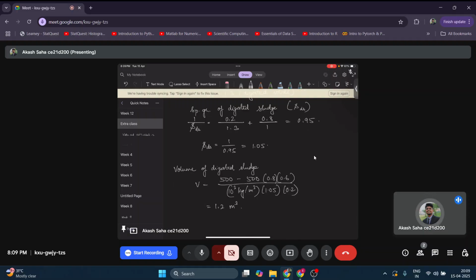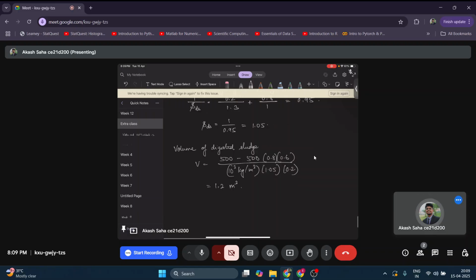So earlier was 9.9 meter cube and after digestion it has become 1.2 meter cube. So my volume reduction after digestion in percentage will be equal to 87.8 percentage.